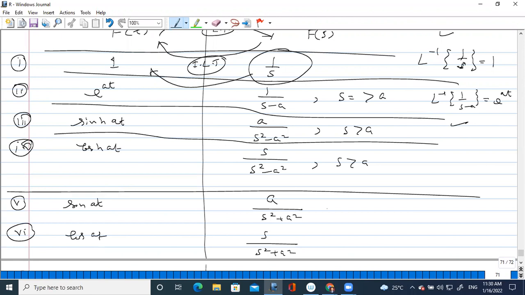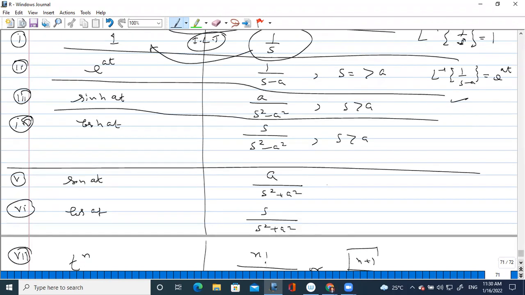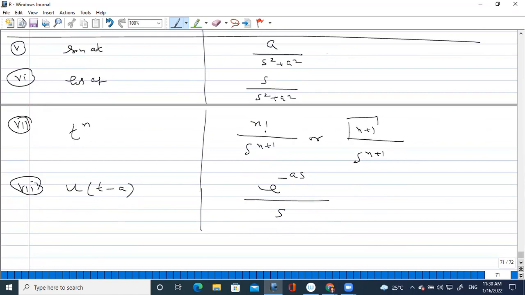Yes, negative should not be there. So note down this also.